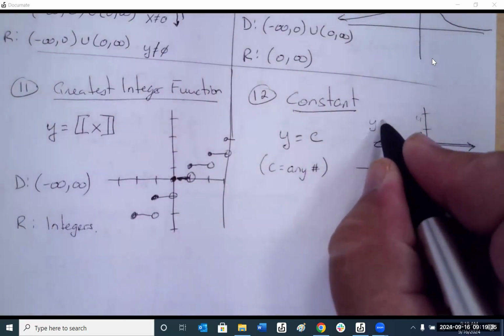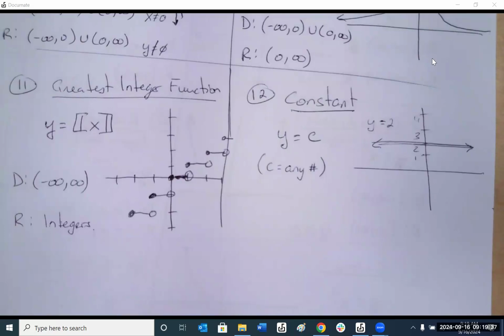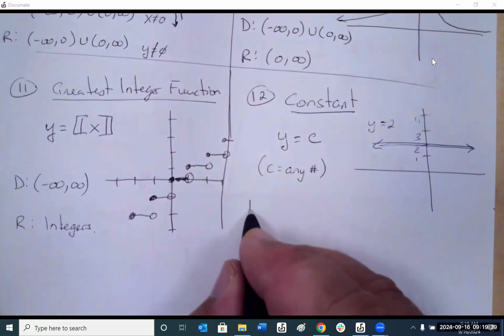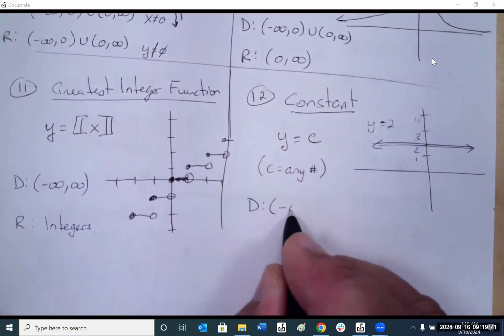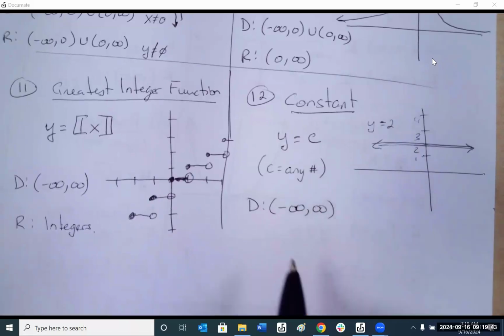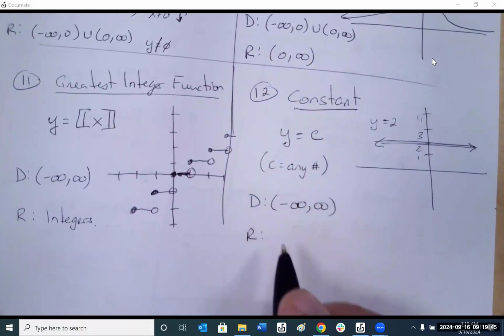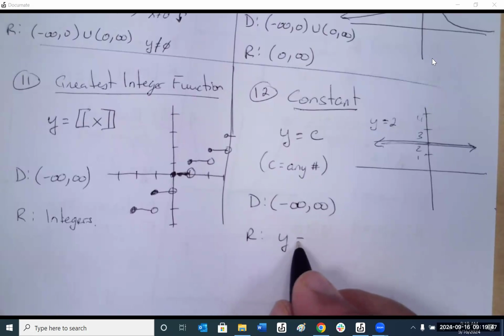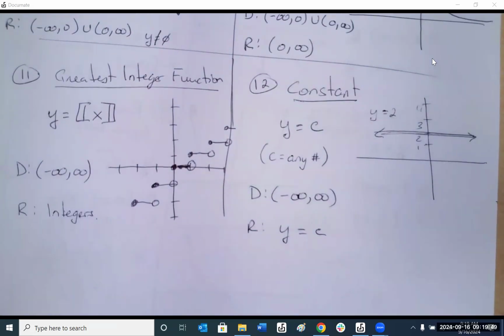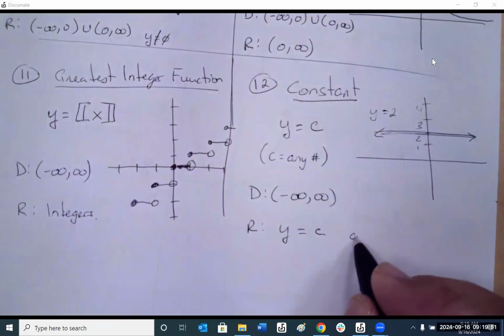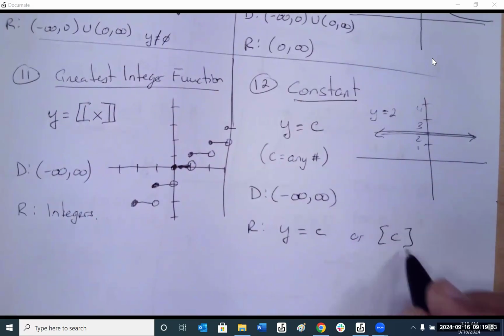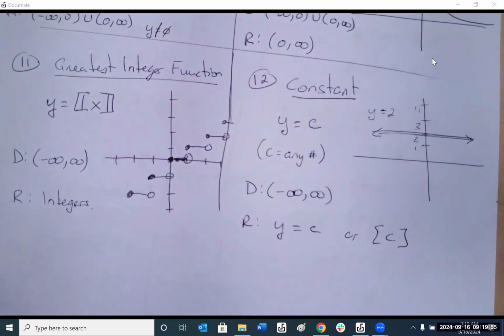This is Y equals 2. The domain is all real numbers. The range, Y equals C. Or C, whatever the number is.